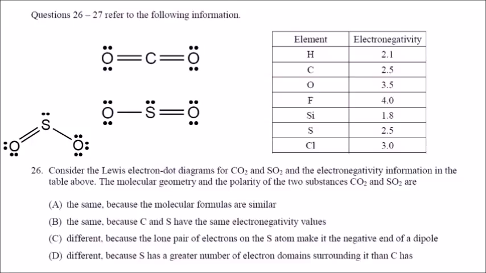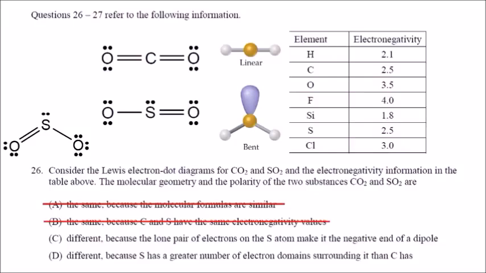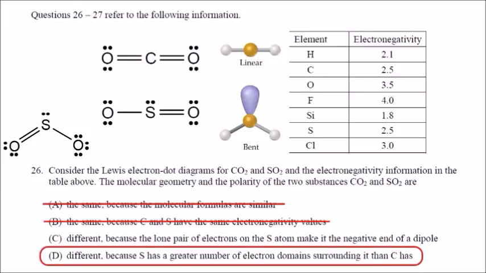So these two molecules have different molecular geometry, so the correct answer is either C or D, and it's because of that lone pair on the sulfur atom that creates the bent shape. So it's 2 electron domains versus 3 electron domains on the central atom. Correct answer is D.